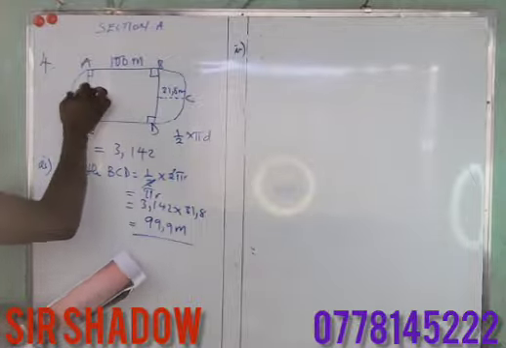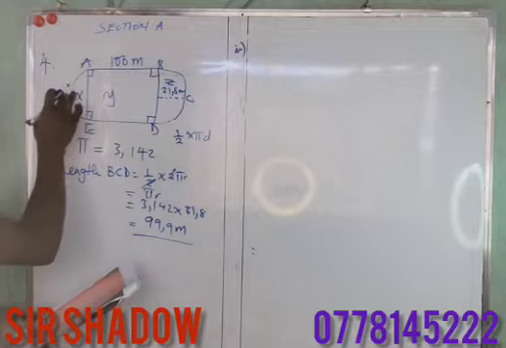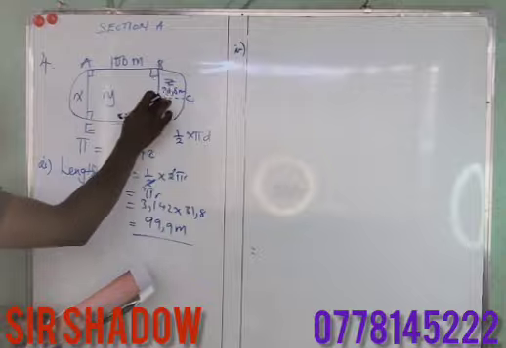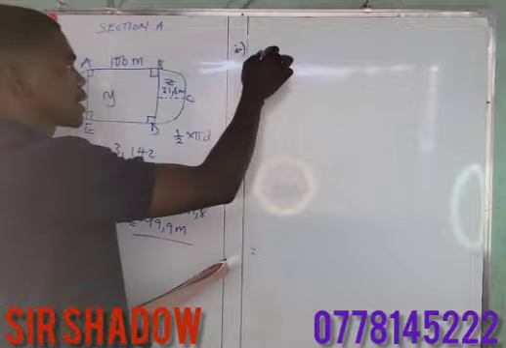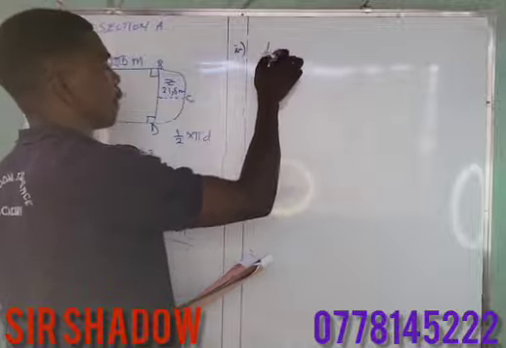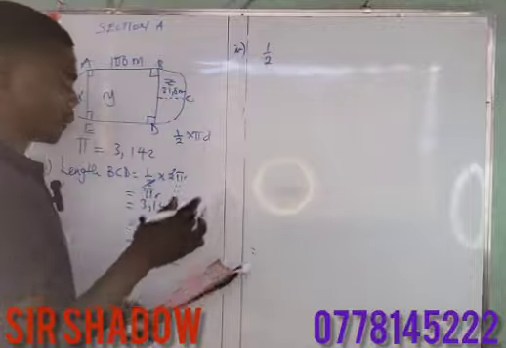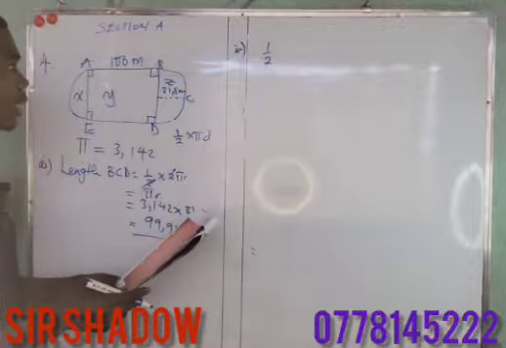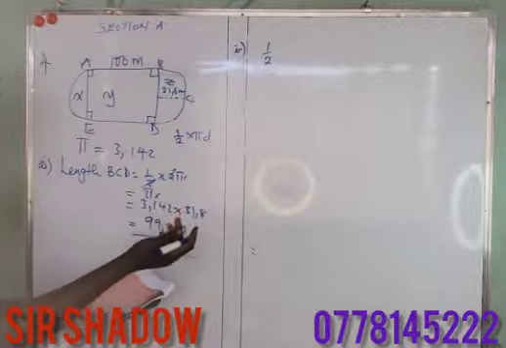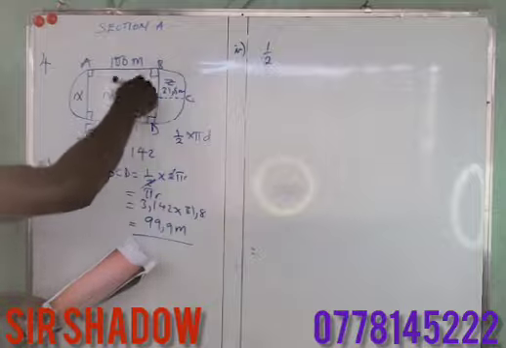You can name them X, Y, Z. So we want to find the first semicircle plus the rectangle plus the last semicircle. But remember, we want to calculate the perimeter of this one. For the perimeter, we want to calculate the total distance around the shape given.